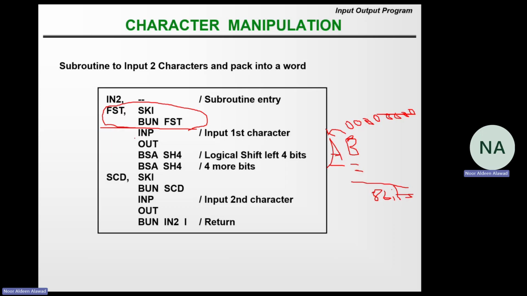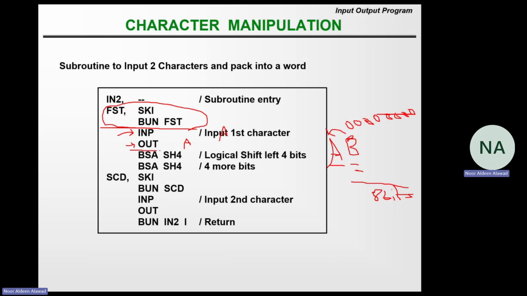If it is 1, you will go and input the value from the keyboard, which in our case, as an example, is A. So if we input A, then output A, we can just make an echo. This is not necessary, but it ensures that we input the character the right way and displayed it on the screen as A.